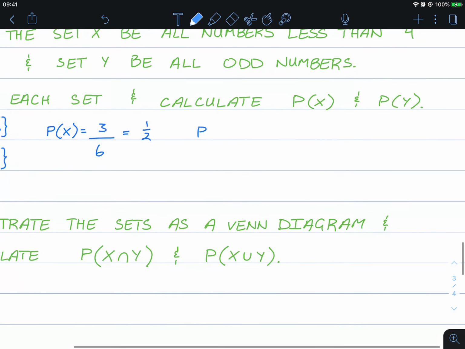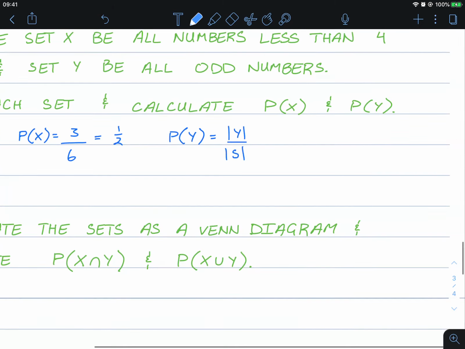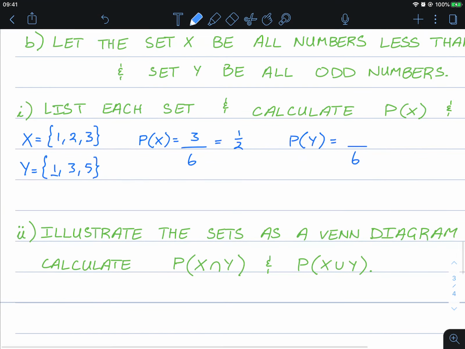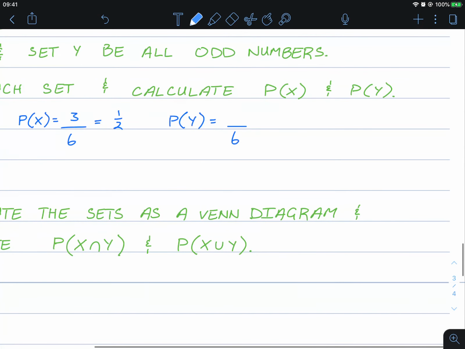Probability of Y is the number of things inside of Y divided by the number of things in the sample space. But we've already calculated that the sample space has a total of 6 things, and Y has a total of 1, 2, 3 things. Also 3 out of 6.